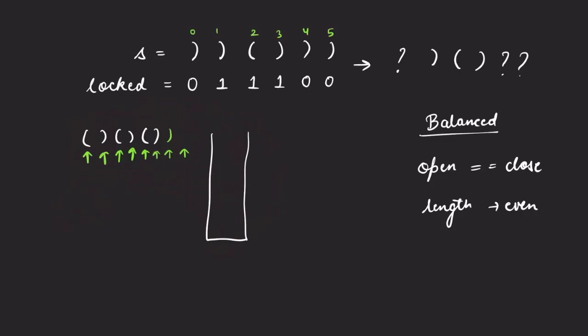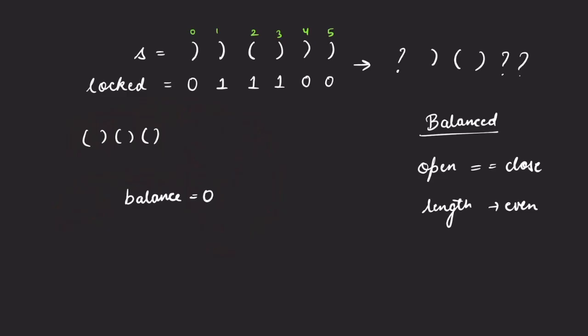Now there is one more approach of solving this without taking the stack, right? So there what we do is that we try to check whether the string is balanced or not using just a variable. So we can take a variable balance, right? And its initial value will be 0, right? Now what we were doing in the previous approach, that whenever we had an opening bracket, we were pushing it into the stack.